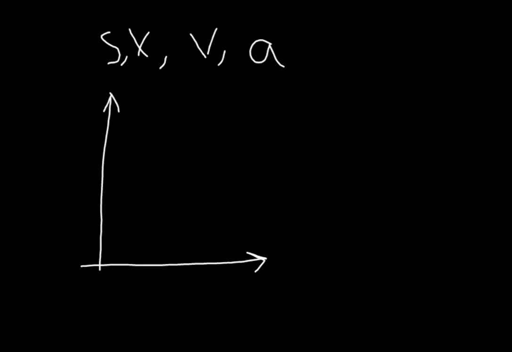Now our x-axis is always going to be the independent variable, and that is time, which is frequently going to be measured in seconds. And then on the y-axis we have any one of these variables, which are measured in their standard quantities, meters, meters per second, or meters per second squared.